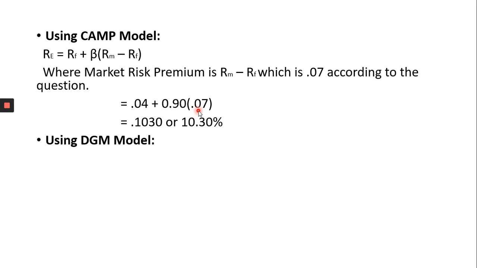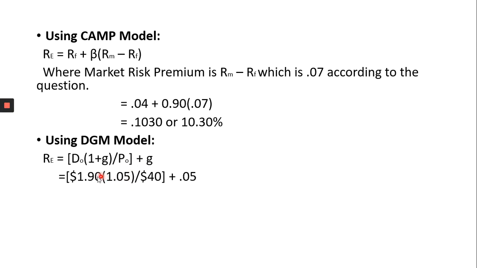Now, if we use the DGM model, this is the equation. RE means return on equity, D0 means today's dividend, 1 plus g is the growth factor, divided by P0, today's price for the share. All are given in the question.